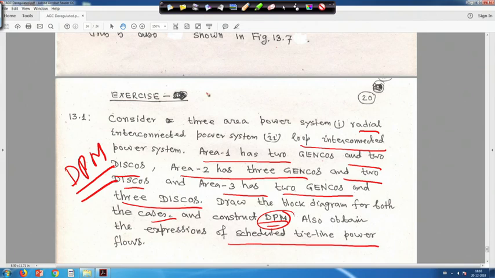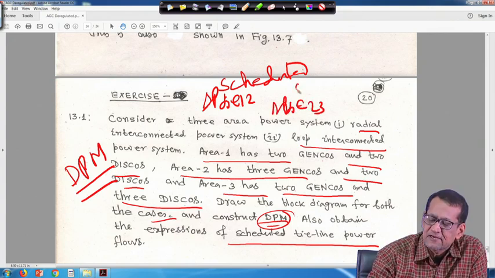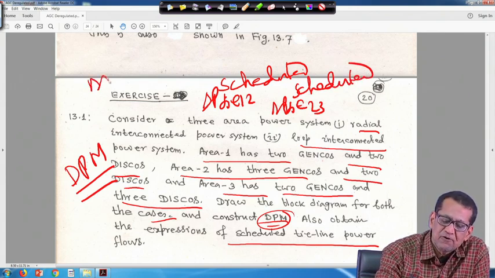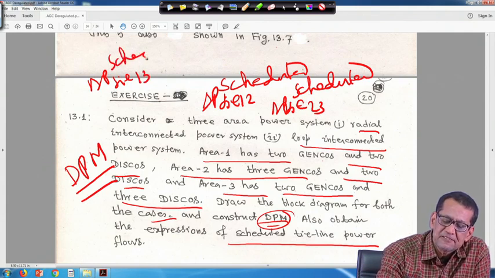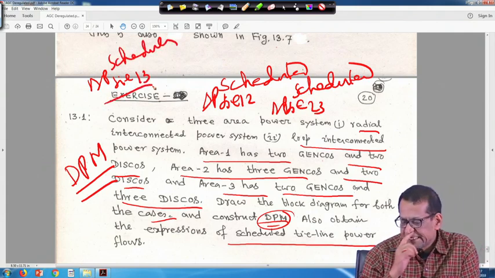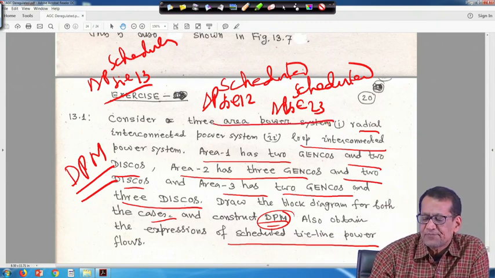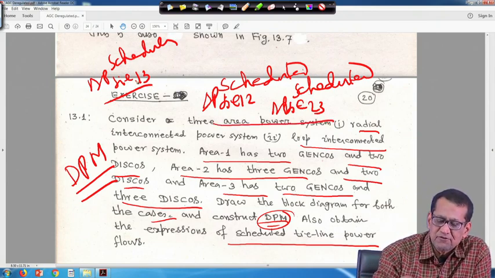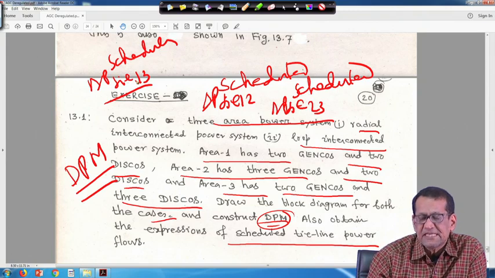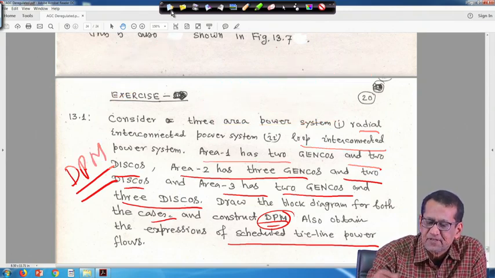That means, you will find out delta P tie 1 2 scheduled and delta P tie 2 3 scheduled. When it is radial, delta P tie 1 2 and delta P tie 2 3. When it is a loop, you find out also delta P tie 1 3 scheduled, only the expression, right.